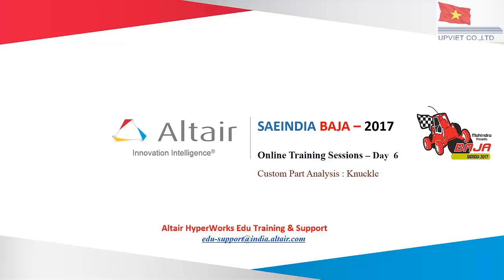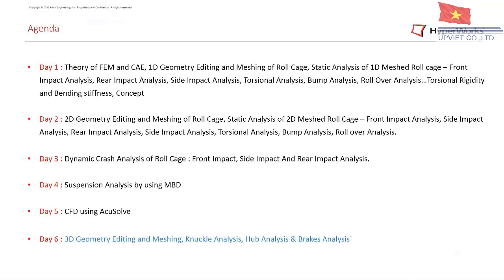So let's see. As per the day 6 agenda, this is going to be 3D geometry editing, meshing and analysis of the knuckle, and simultaneously we'll carry out the knuckle analysis with Inspire and with the conventional OptiStruct as well. We'll start with Inspire.